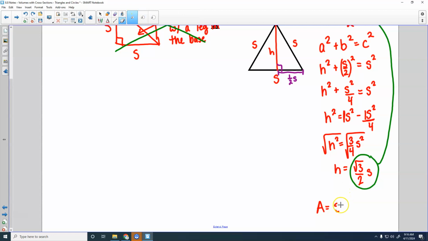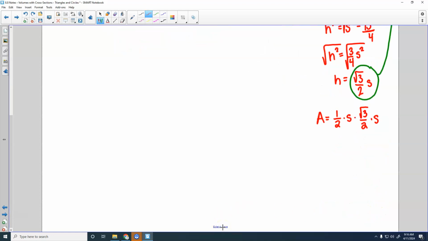We're going to have 1/2 times s times our h, which is the square root of 3 over 2 times s. There. And so our area is going to be, well, we can multiply the 1/2 and the square root of 3 over 2 together. We will get square root of 3 over 4. And then we got s times s, which gives us s squared.